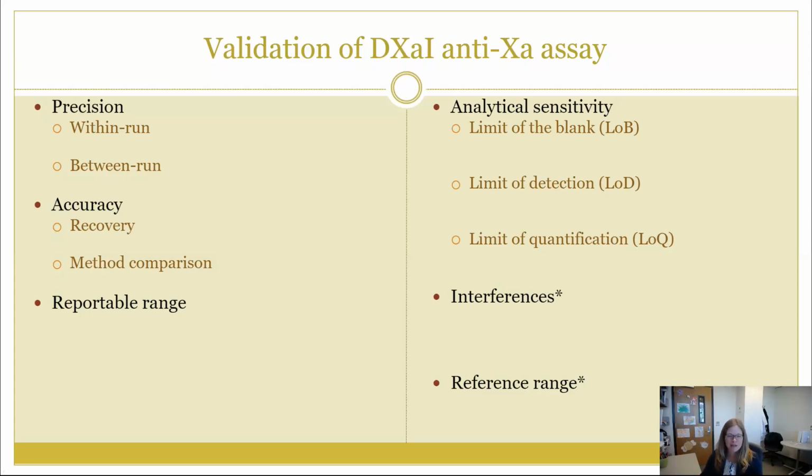We did method comparison with a validated assay. We did dilutions of a high sample to establish reportable range. One really important study was evaluating the limit of detection and quantitation to know how sensitive analytically our assay was. Then we also evaluated interferences, both from endogenous substances and also from other anticoagulants. And finally, we had to deal with how the results were going to be interpreted.